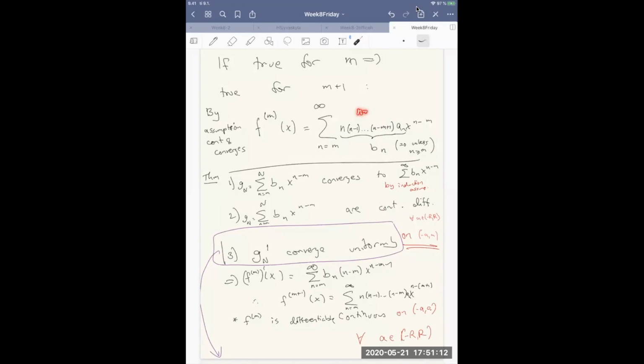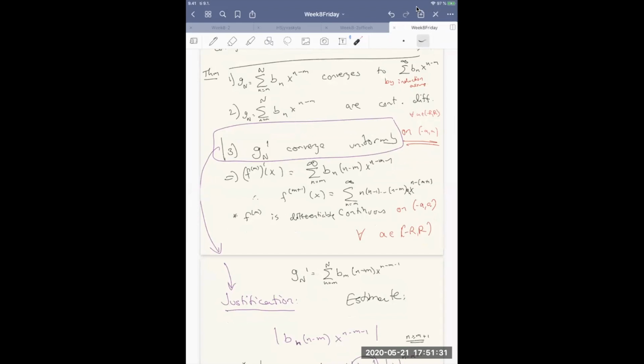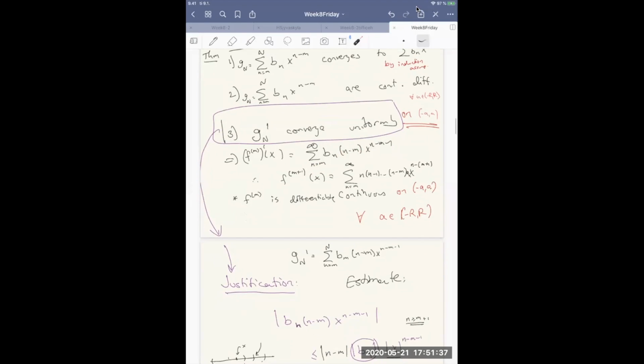When n is equal to 1, the second factor makes everything 0. In general, when n is anything between m and 0. This sum starts producing terms when n is bigger than or equal to m, and those correspond to the terms where the exponent is bigger than or equal to m. When we differentiate, we could start from m plus 1 if we wanted, because this coefficient vanishes at the borderline case.